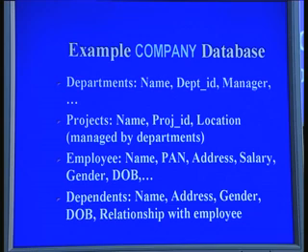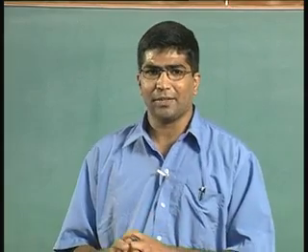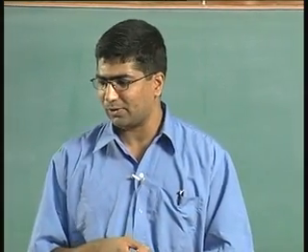Then once we start speaking to employees, we find that there are also different projects, and each department has one or more projects, and a project may span different departments and so on, okay. And once we talk to the HR department, we note that each employee also has some dependents, and they're also covered in some way or supported in some way from the company and so on, okay.